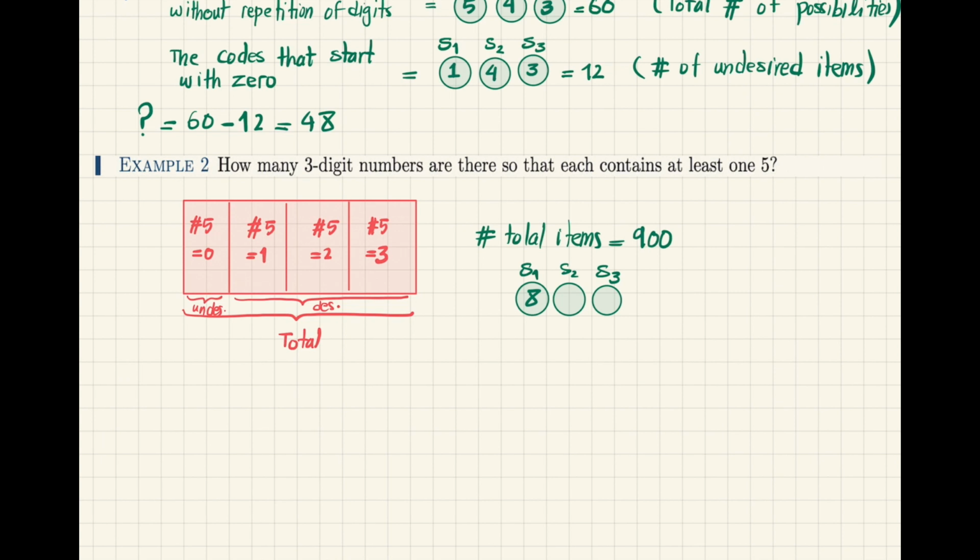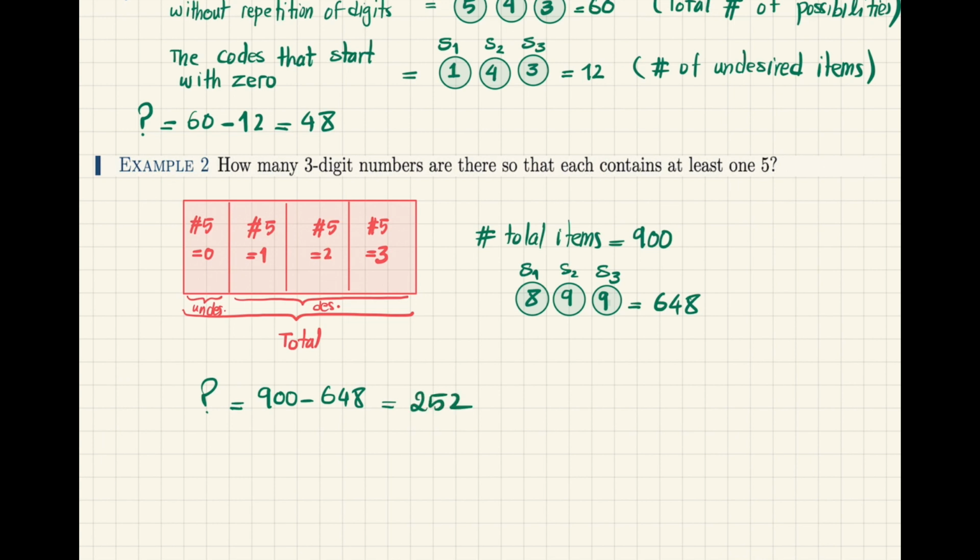So this becomes 9. And then the other one is also 9. And then if I multiply, this becomes 8 times 81, which is 648. So the question mark that I am looking for is 900 minus 648. So it becomes 252.